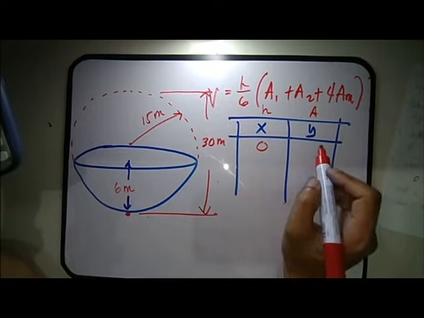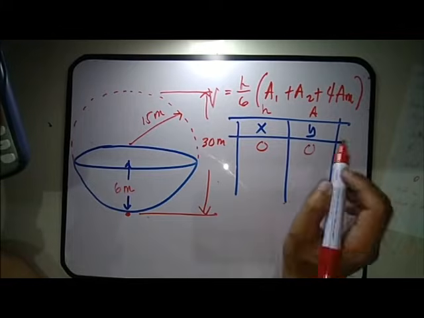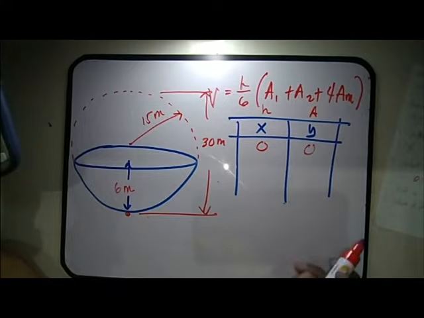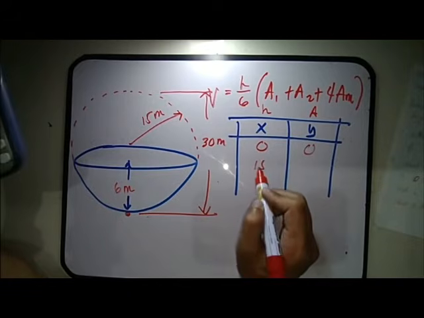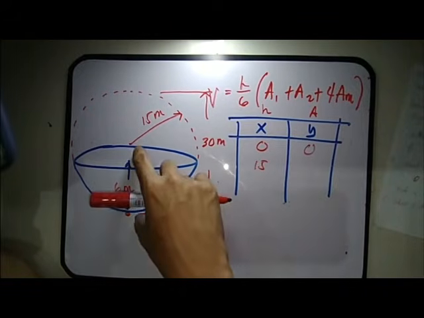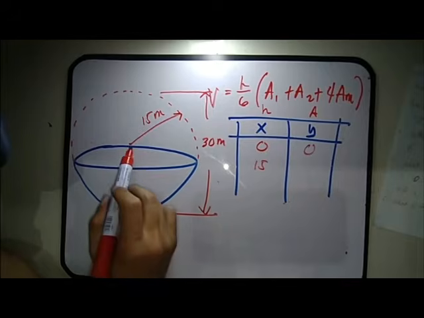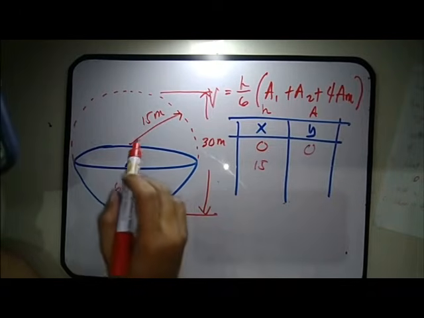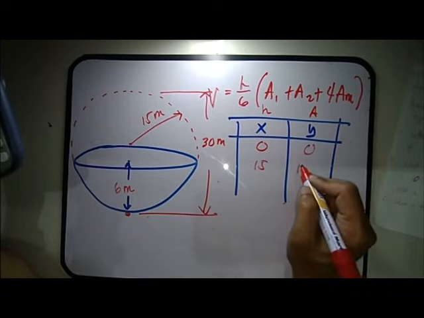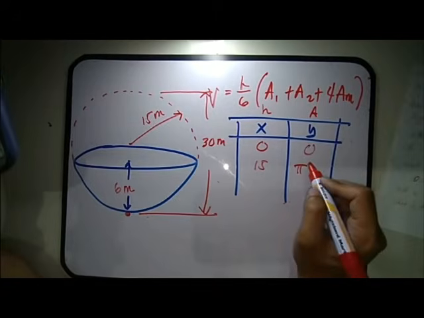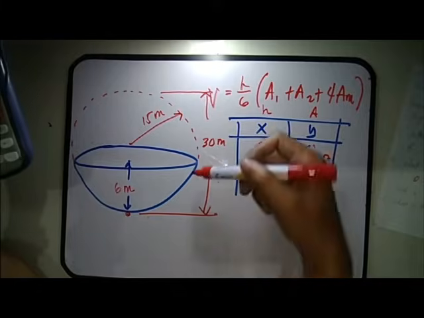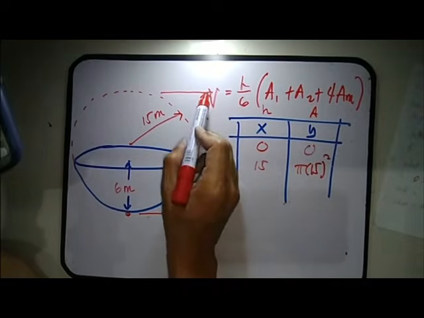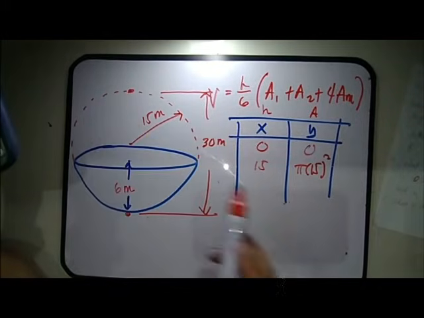At height 0, yung area natin is 0 of course kasi siya ay point lang naman. So, at height, you have 15. At height 15, yung area natin is pi times 15 squared. Then, at height 30, ang area natin there is point lang. So, 0.